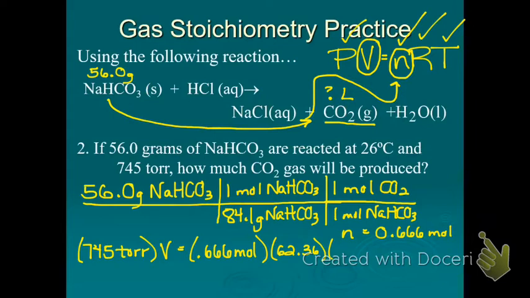That's 299. Okay, we're going to plug all of that in, and let's see what we get. Okay. And I'm going to round to 2 significant figures because the temperature only had 2, so that's going to round to 17 liters of CO2. Final answer.